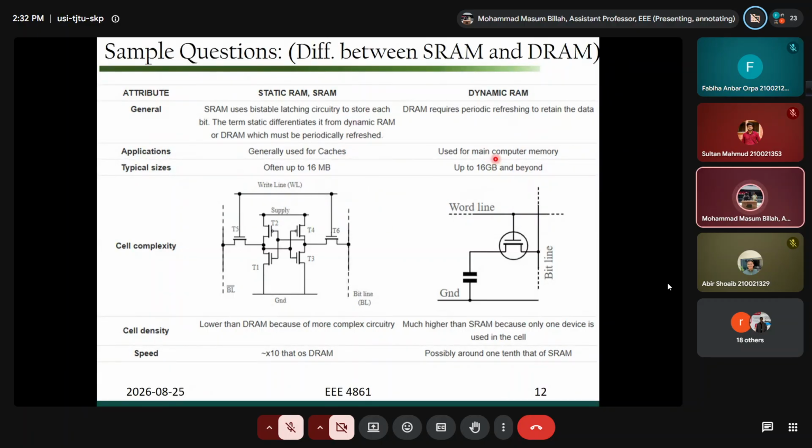Those kinds of mechanisms should be studied, not only whatever I wrote here: attributes like general information, application, size, cell complexity or cell size, cell density, speed. Not only this, you should definitely know how to sense the data, how to read the data in SRAM, how to read the data in DRAM, because I explained those things in the class. Why the capacity, from a capacity point of view?